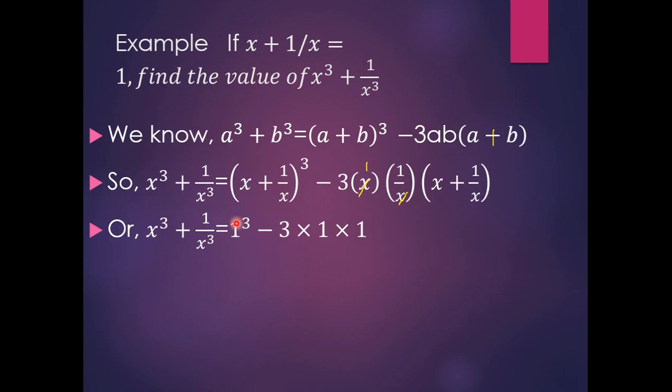And now when you simplify this we will get its value. 1 cube minus 3 times 1 times 1: 1 cube is 1 times 1 times 1, that is 1, minus 3, that will be minus 2. So this is the required value of x cube plus 1 over x cube, that is minus 2.